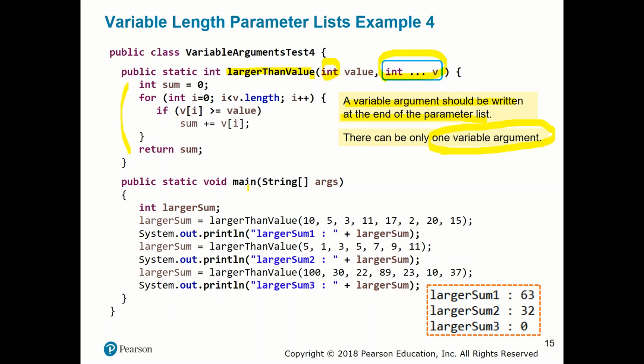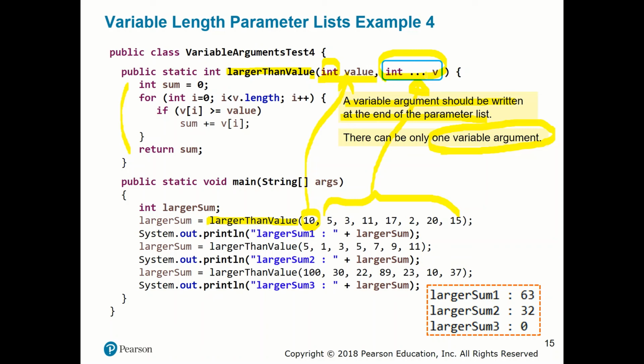And in the main method, largerThanValue is called with one value. 10 will be assigned to value, and this part will be v. Because there is one integer value in front of this variable argument.